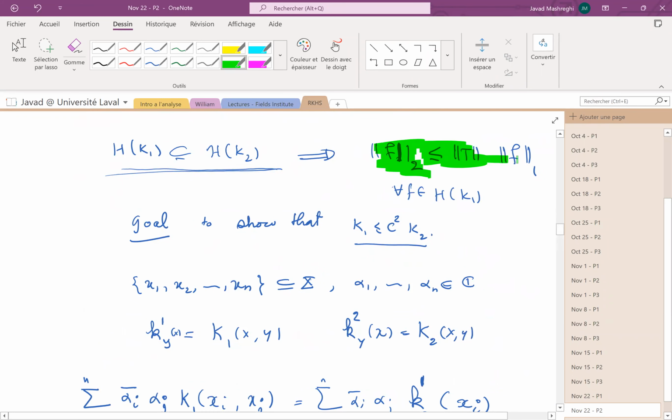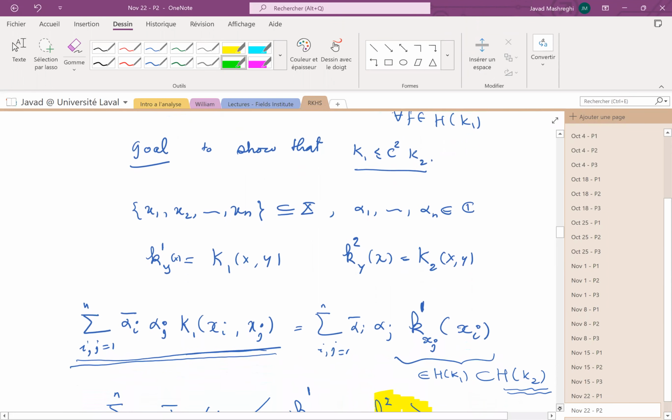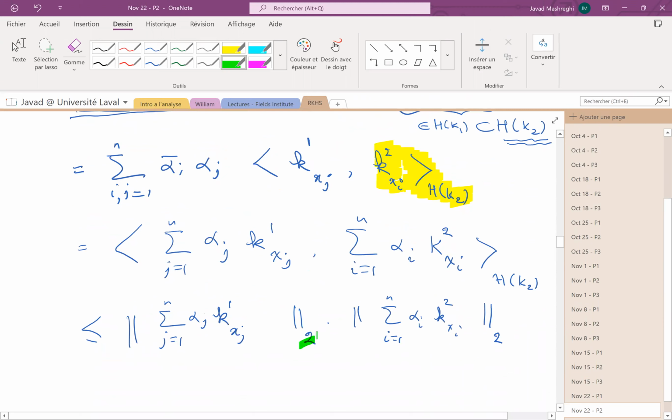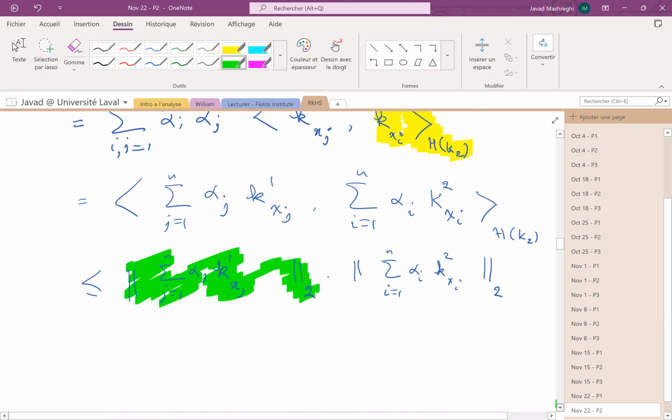For any element of the first space, of course, we can calculate the norm in the second space, but the norm in the second space is controlled by the norm in the first space. And I use it here. This is an element of the first space, but the norm is computed in the second space.